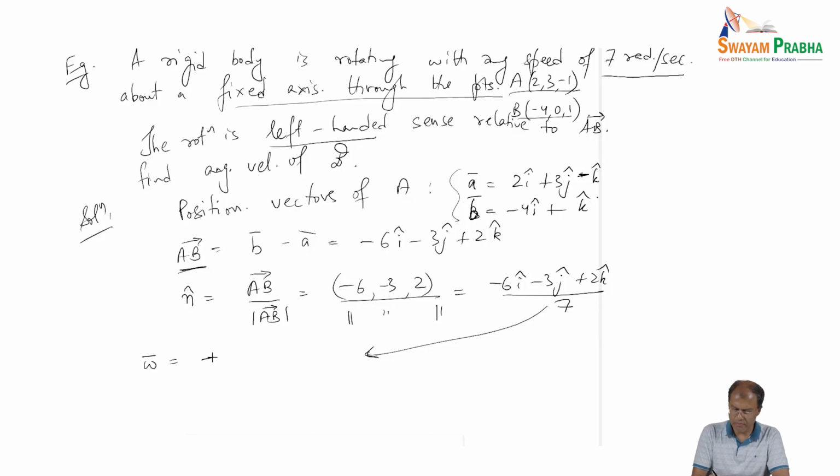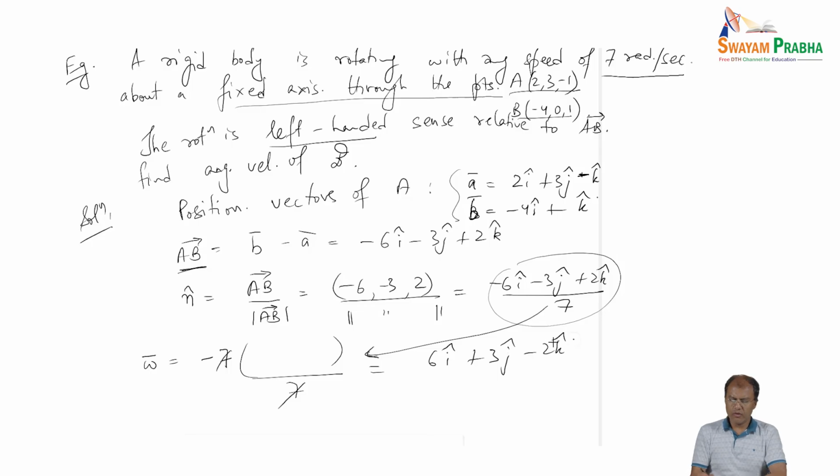So the magnitude is -7, and then n is this quantity. We can cancel, and we get that omega is 6i plus 3j minus 2k. So this is a simple problem, and of course this is in radians per second.